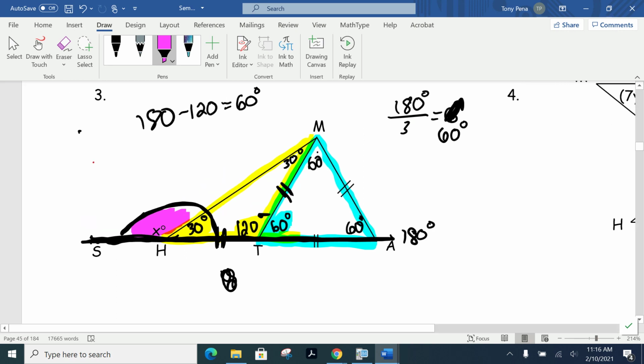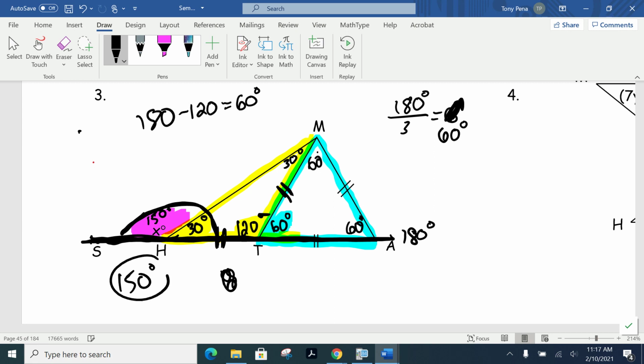We already have 30 of that. So wouldn't now angle X, go ahead and finish this off, Dahlia. What would X have to be? Good. This would have to be 150. So that if I did 150 plus 30, that would give me my 180. So X would have to be 150 degrees.